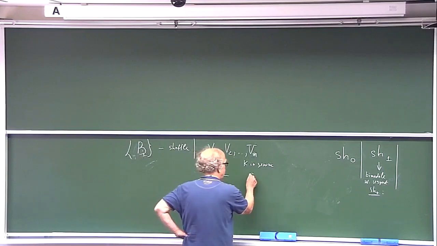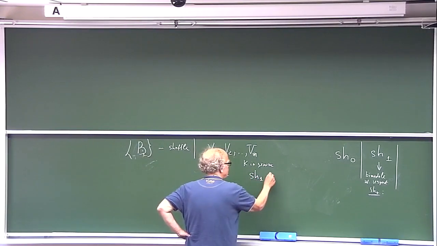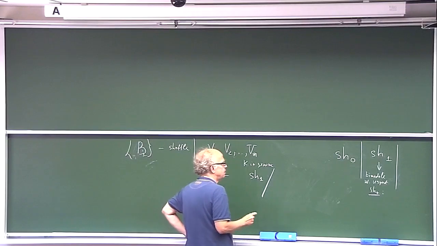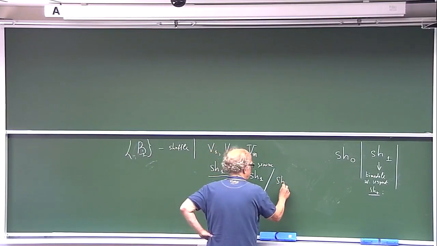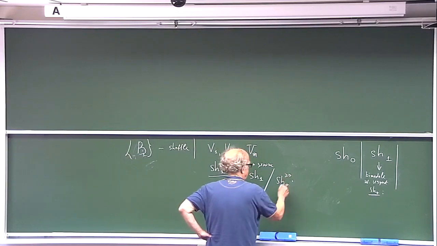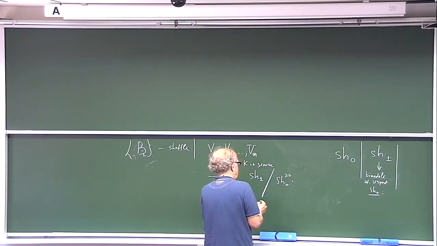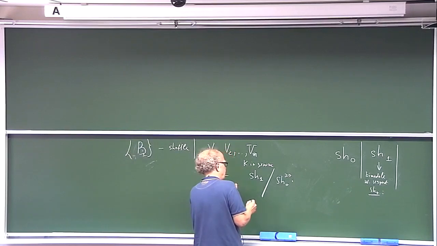I can take shuffle 1 and factorize it by the action of shuffle 0, say maybe from the left.